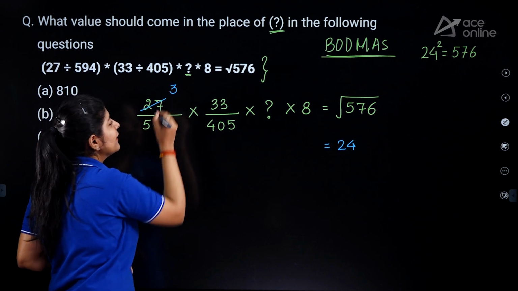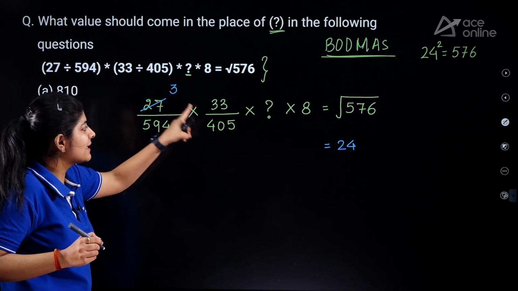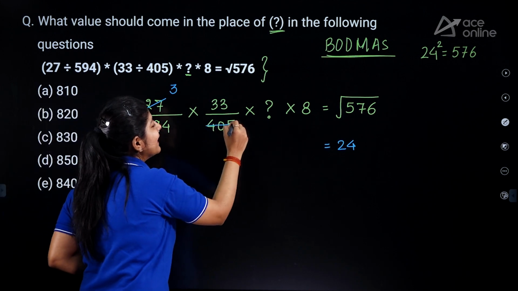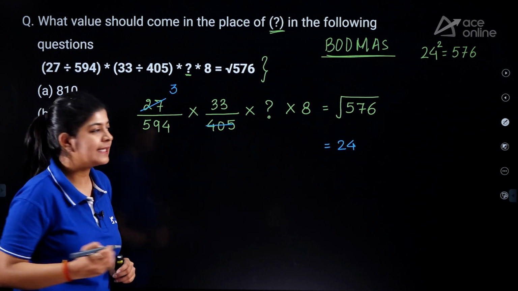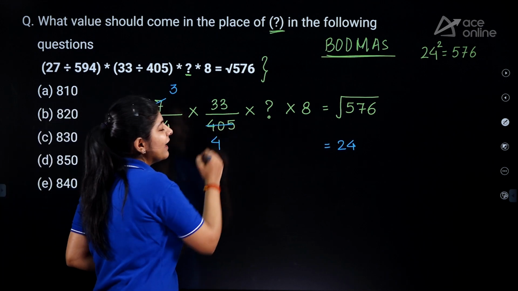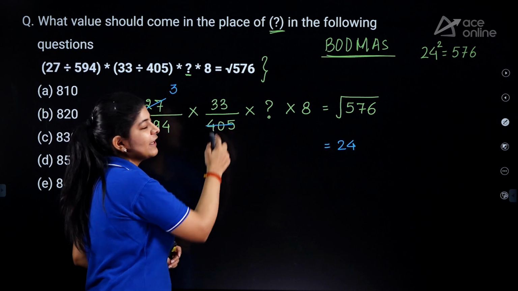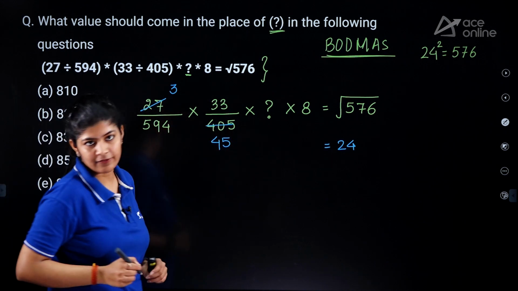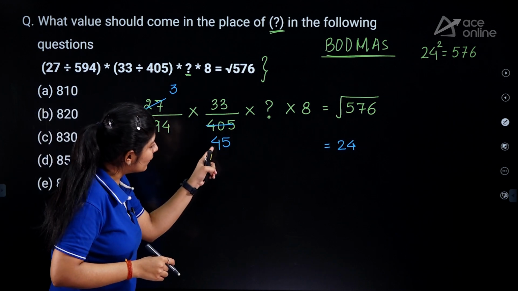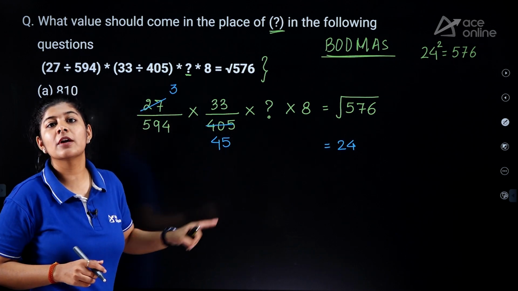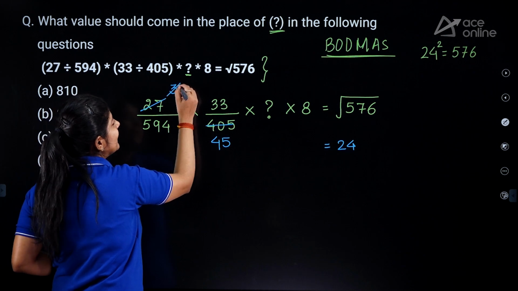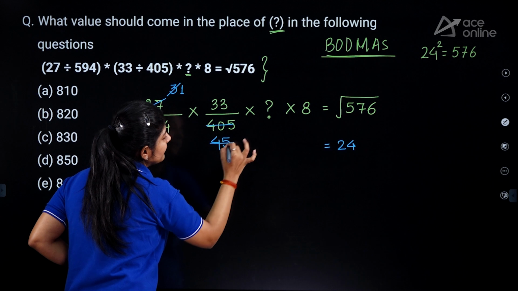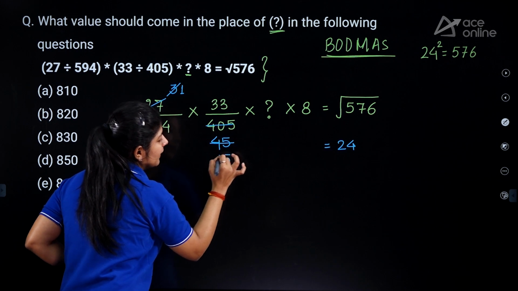I can write 3 over here. 9 into 4 is 36, so we are left with 4. 9 into 5 is 45, so here I get 45. Now this 45 is a multiple of 3, so I eliminate again. Over here we will get 1 and here we will get 15.